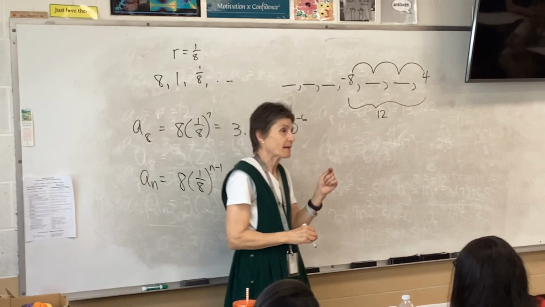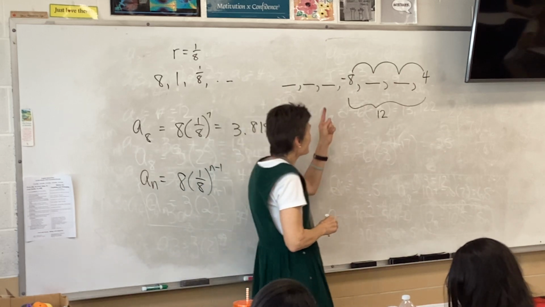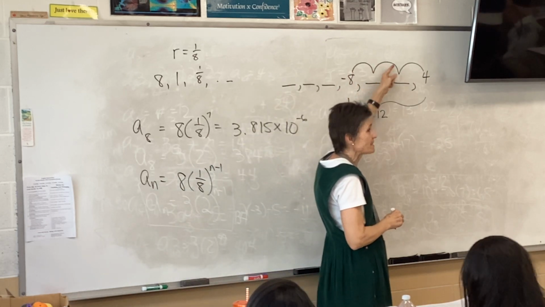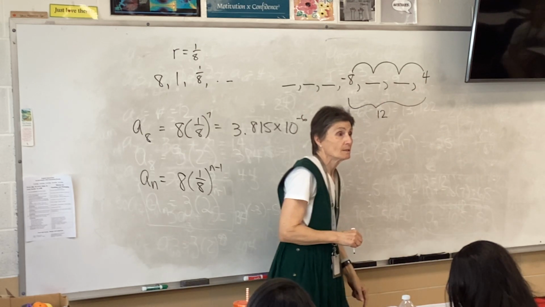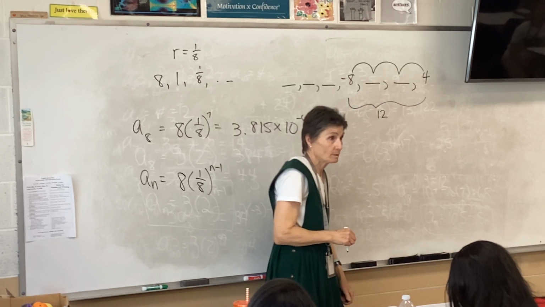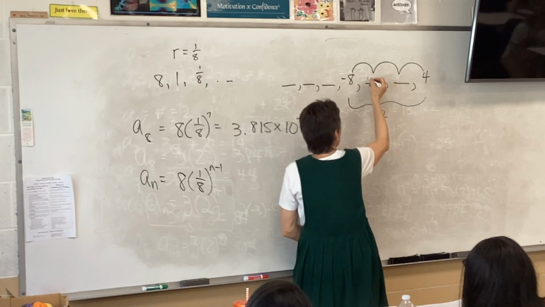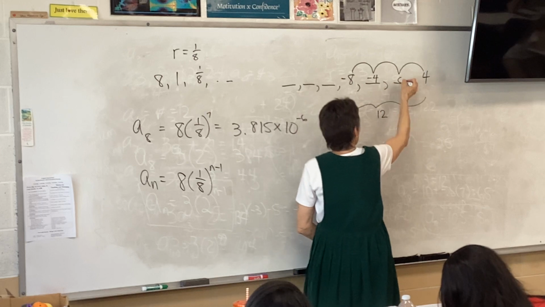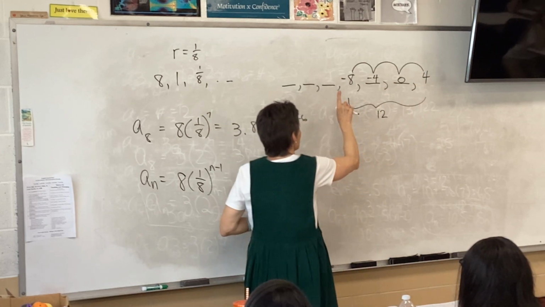If it's arithmetic, I'm adding the same thing. I added something 3 times to give me a total of 12. What did I add? 4. So if I added 4, then this number would be -4, this number would be 0, and that number would be 4. What about the other direction?